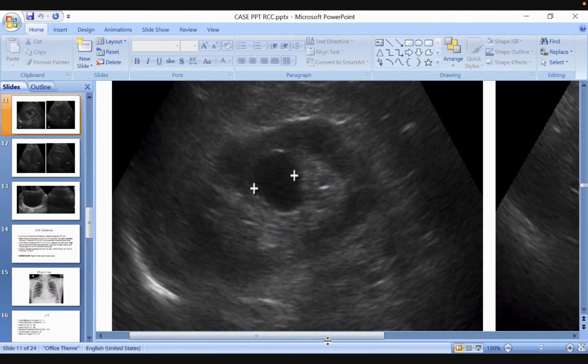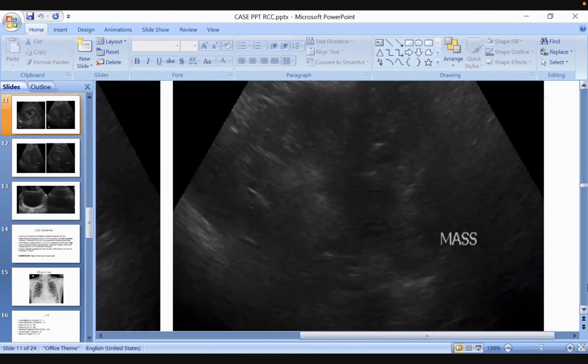Okay. Now you go to the right kidney. The right kidney appears to be distorted in its contour with evidence of a mixed echogenic mass lesion towards the lower pole.